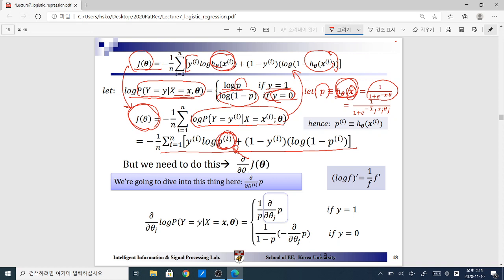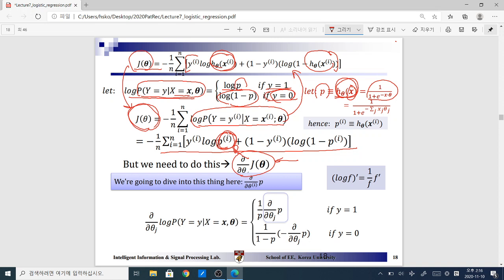At this point, what we want to do is once again perform the partial derivative of the error function with respect to each of these parameters theta sub j. Another way of saying this is to take the gradient. So how do we do that?